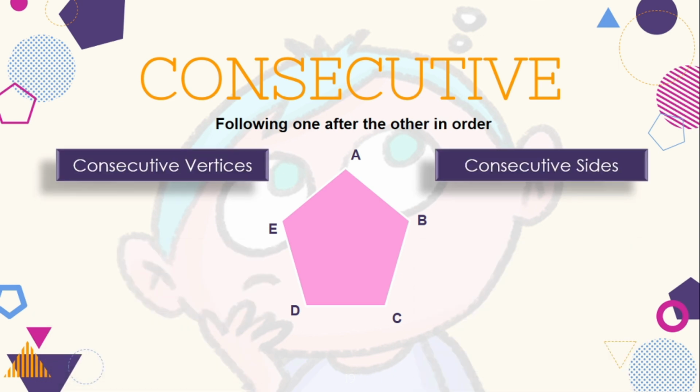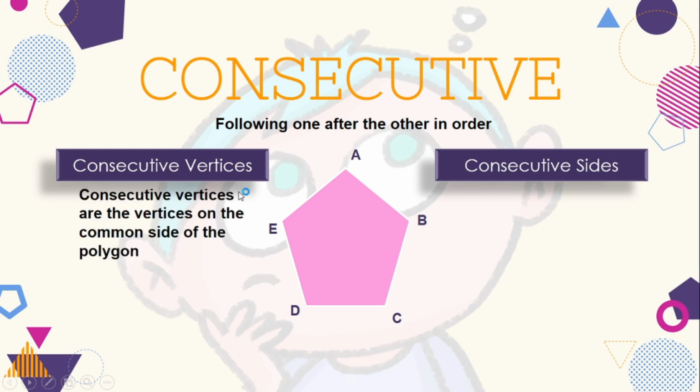Ibig sabihin, we're looking for the magkasunod na vertex at magkasunod na sides. Okay? So, let's have the definition. When we say consecutive vertices, these are the vertices on the common side of the polygon. Siya yung magkasunod na vertex kasi vertex siya na nasa common side ng polygon.